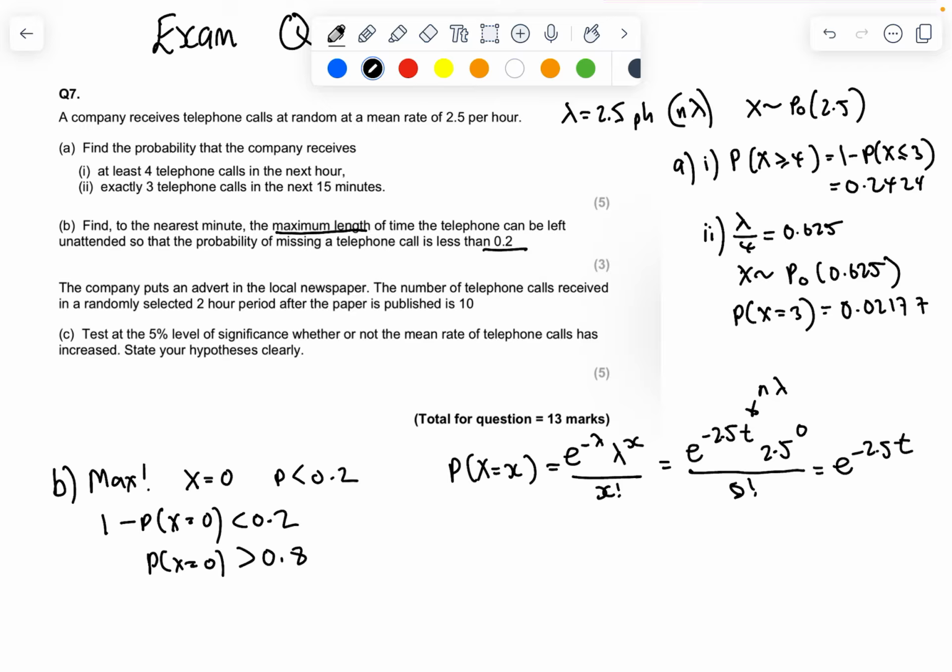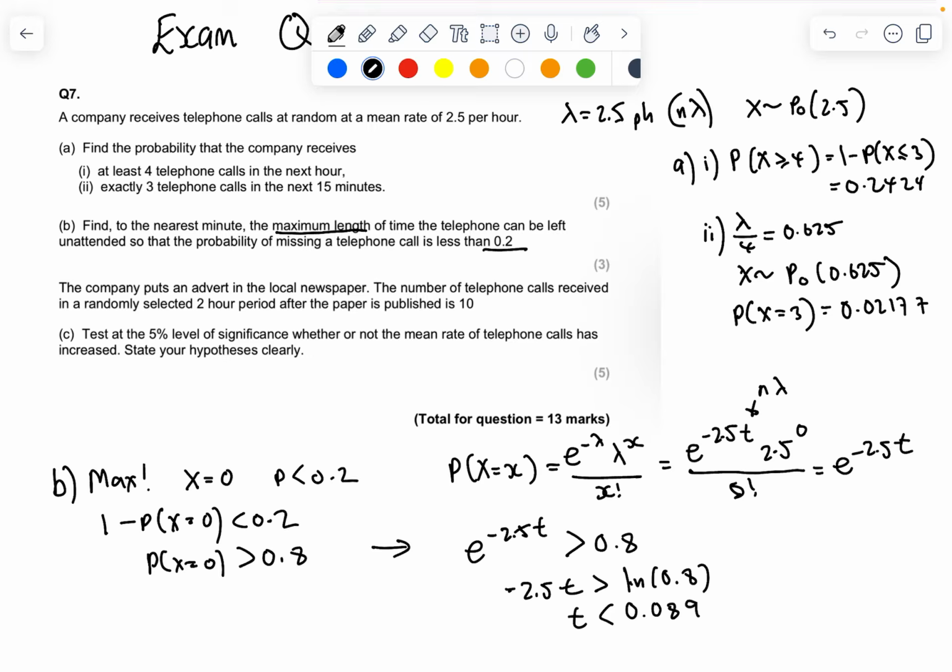Okay, remember the t is coming from the fact we've got n lambda. Right, so now we can write that because we want to set the probability. So e to the minus 2.5 t is greater than 0.8, from what we looked at earlier. Okay, so now we'll take logs, and I've got minus 2.5 t is greater than log of 0.8, and we'll divide by negative 2.5, so t is less than 0.089.